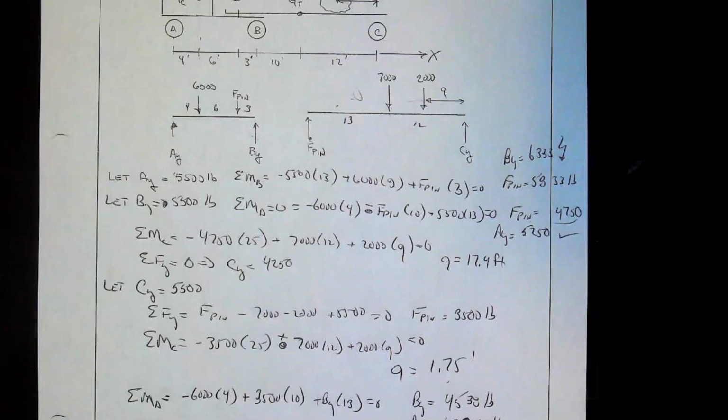So if A is 5,500, what I'll do now is I will take the moments at B. That will allow me to solve for F pin. Then I can solve some forces in the Y and get By straight away. So summing moments at B, we come up with, so let's see, this is now 5,500, 13 away.